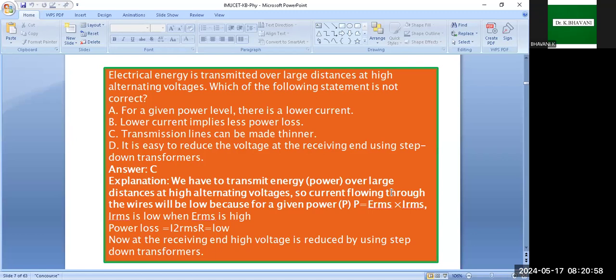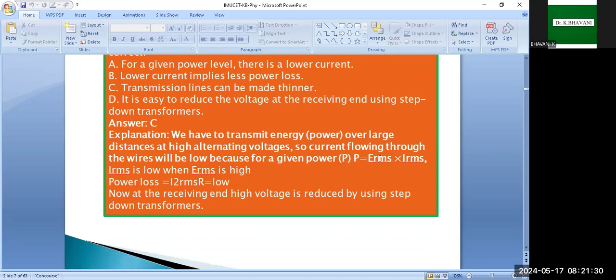This is wrong because when energy is transmitted over a large distance at a high alternating voltage, the current flowing through the wire will be low, since the power P is equal to E into I, that is voltage and current. So this is E RMS into I RMS, where RMS means root mean square.